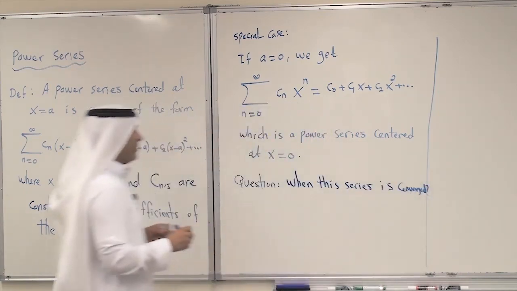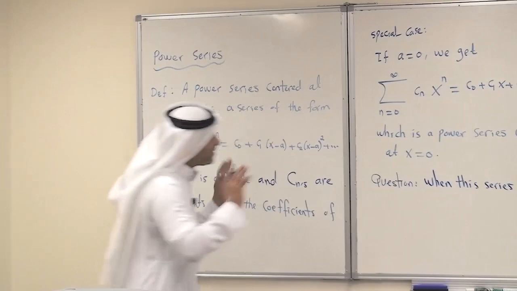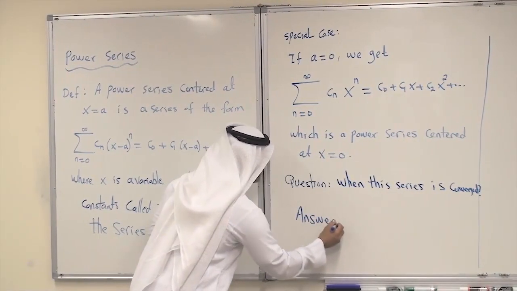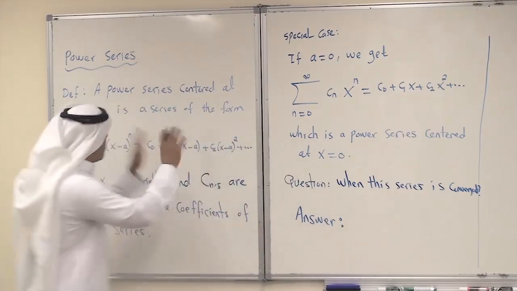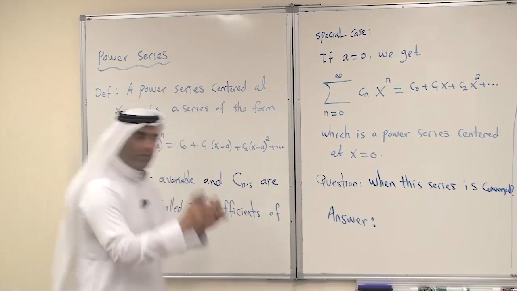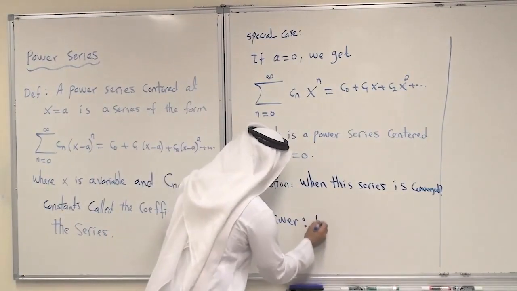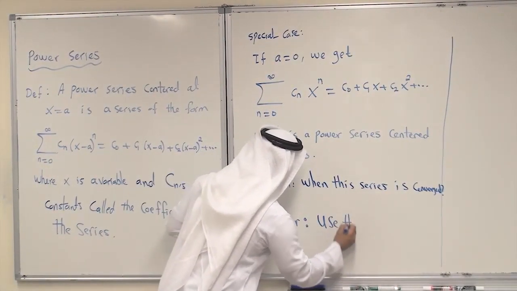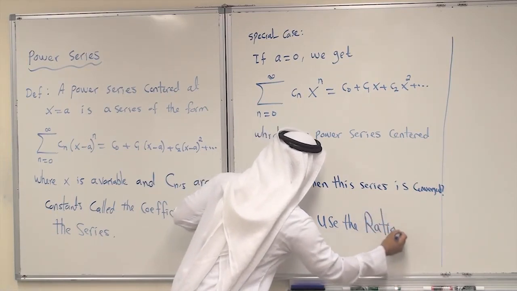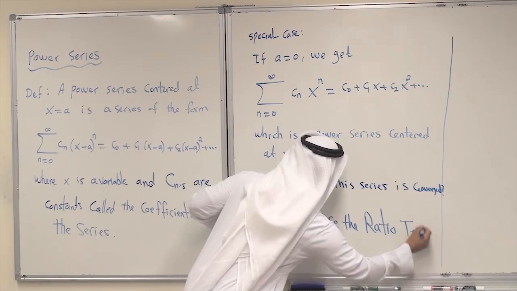When this series is convergent, the answer will be simple here. When this series makes sense, when it is convergent, what are the values of x for which this series is convergent? That's the question. The answer: use the ratio test. The ratio test will help you to find the answer.